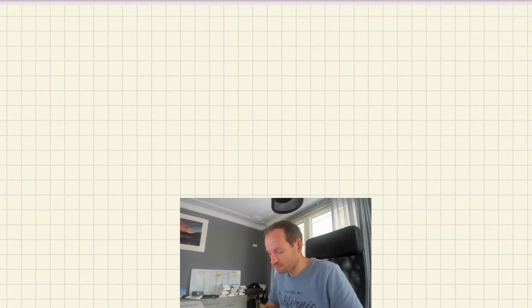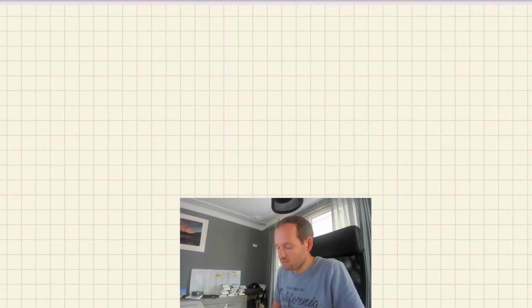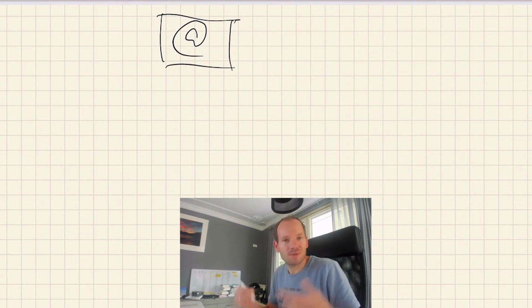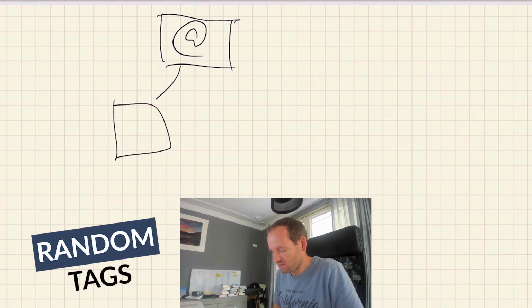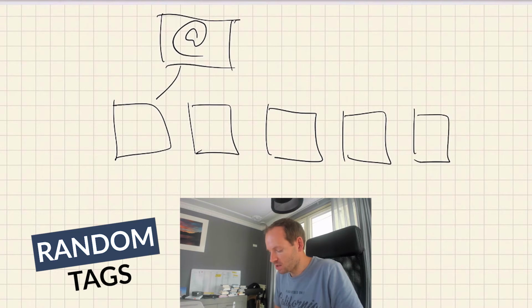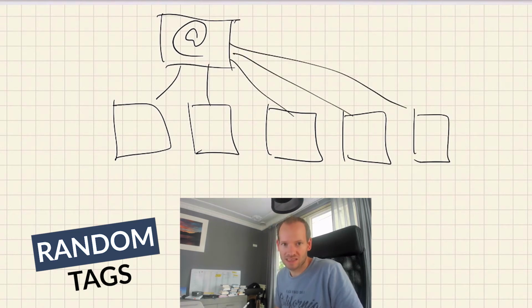Now, how do you test multiple webinars? That's actually a trick in itself. Basically, I have my email list, people that have subscribed to things in the past. What you can do is assign random tags, 5 to be exact. That means I divided my list into 5 completely random sections of people.